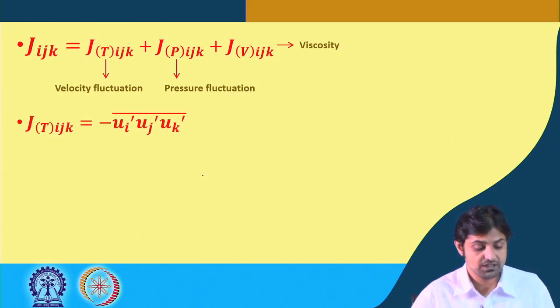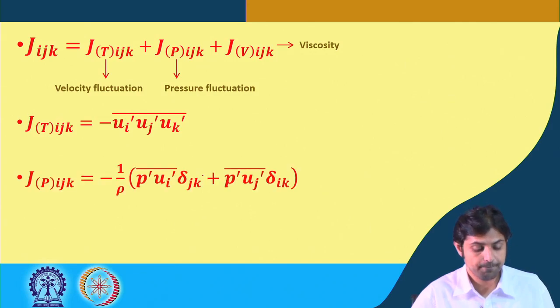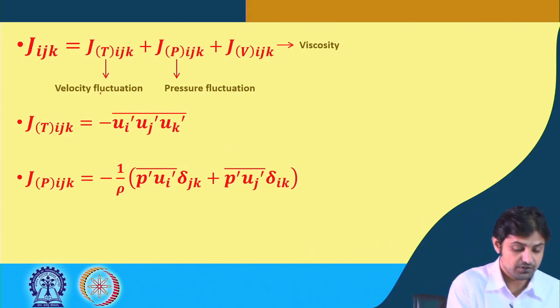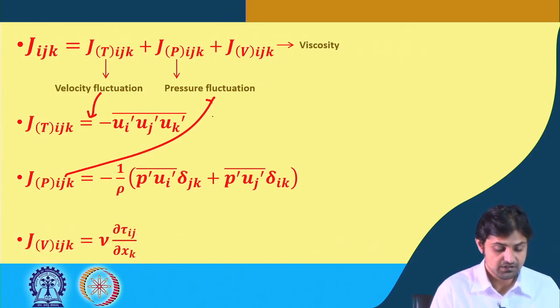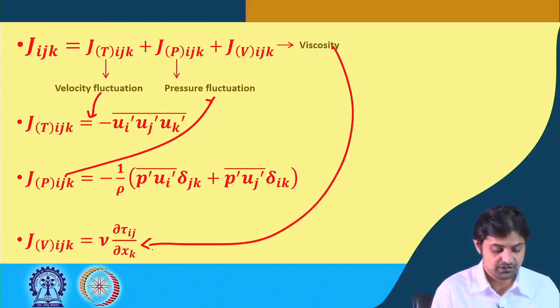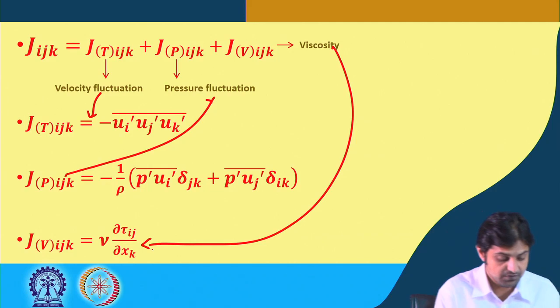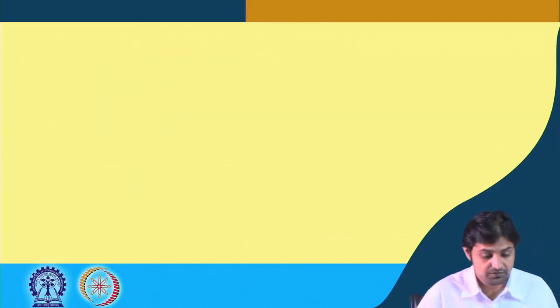Therefore, Jijk can also be written in terms of ui prime, uj prime and uk prime.